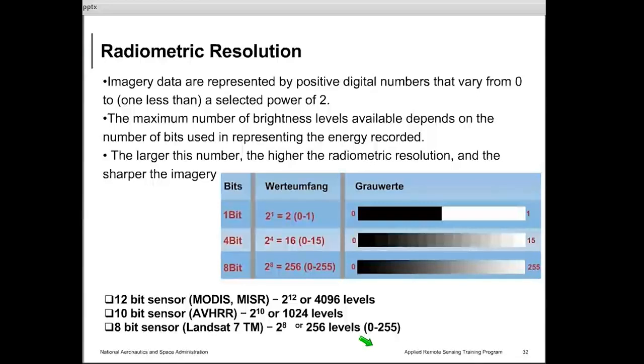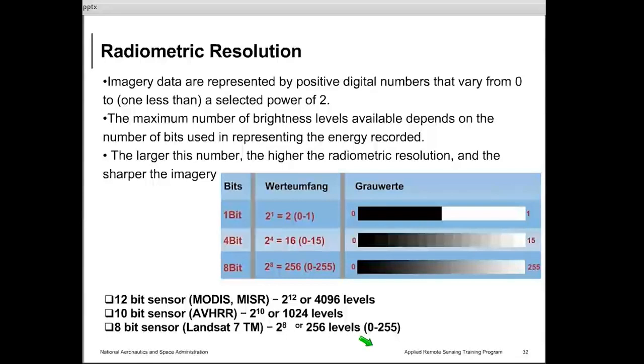But if you have a 4-bit sensor, it will have a total of 16 levels, 0 to 15, and you can see shades of black and white. If you increase the number of bits, for example to 8-bit, you will have 256 levels, where you can see many more shades of black and white.